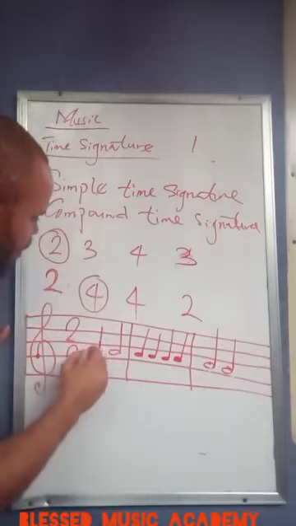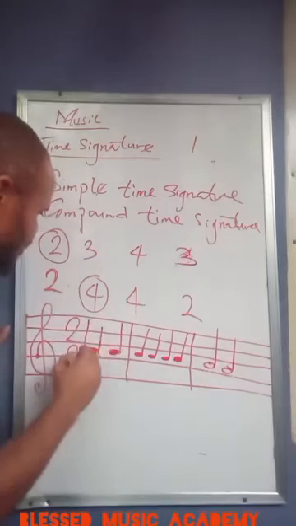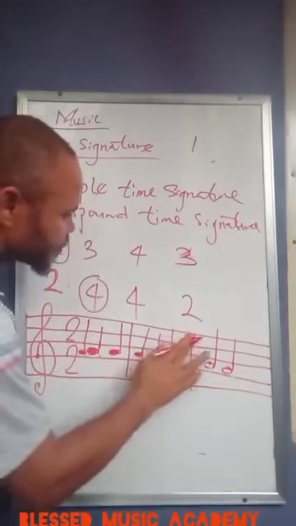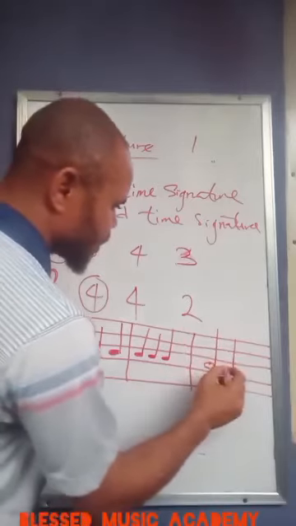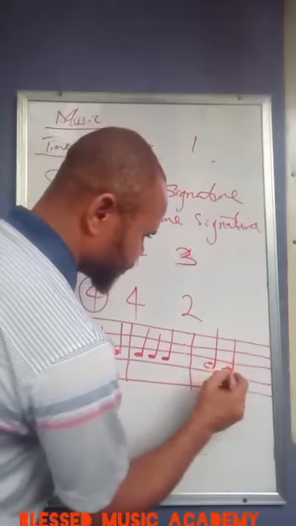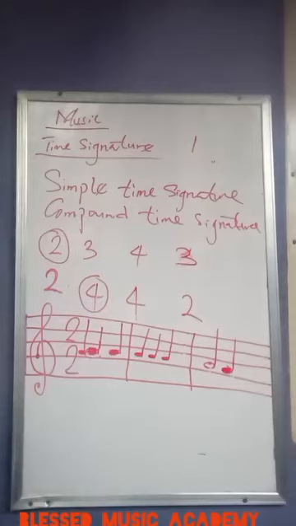For example, let me change it to a crochet song, and the crochet now becomes 1 beat, and the minim becomes 2 beats.